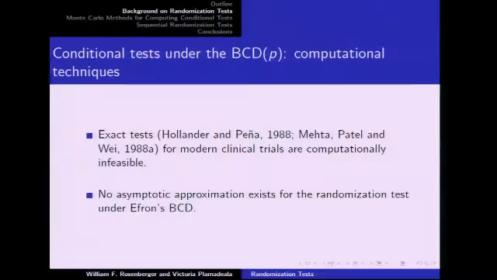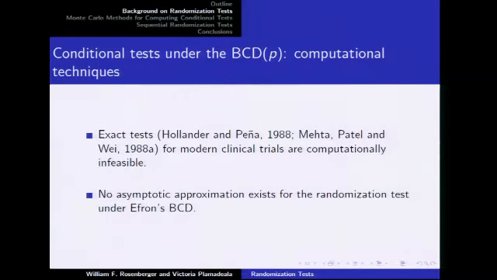So there are a number of computational techniques for this, and I'll show you a new one. So you could do an exact test, but that gets pretty complicated pretty quickly, particularly for the sample sizes of modern clinical trials.